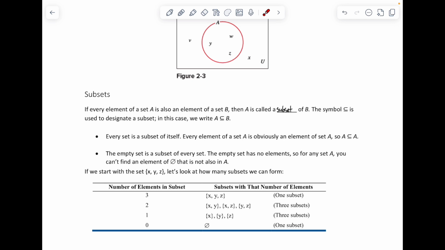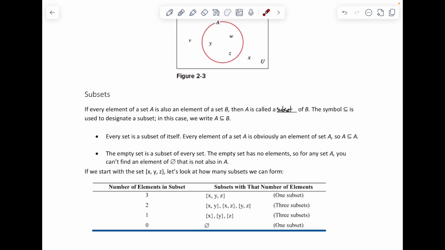And then there are 3 subsets of the original set that have just 1 element. The subset containing only X, the subset containing only Y, and the subset containing only Z. And then we always have to list the empty set as well, because the empty set is a subset of every set. So there is one subset that contains 0 elements, the empty set, right?